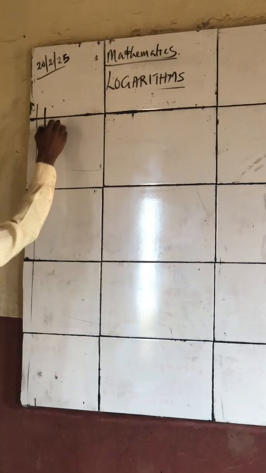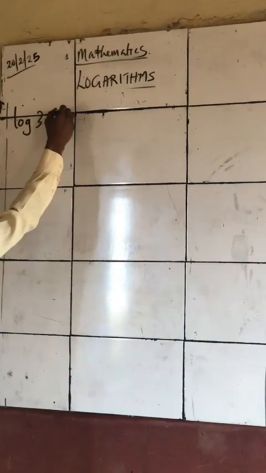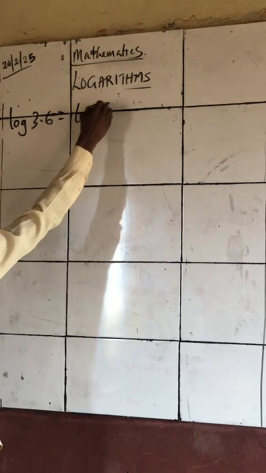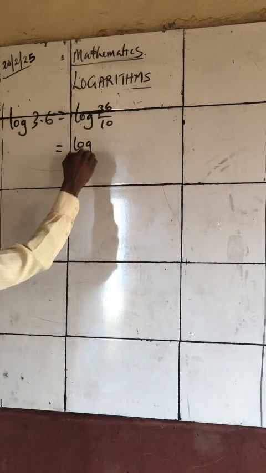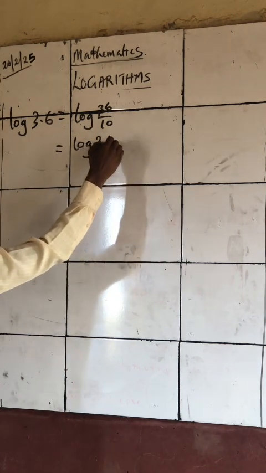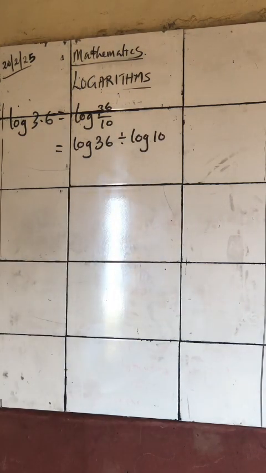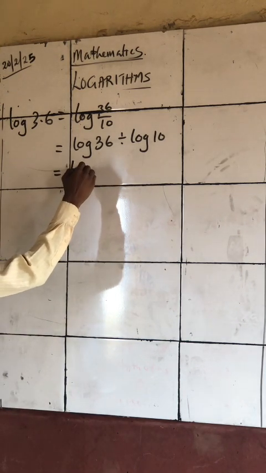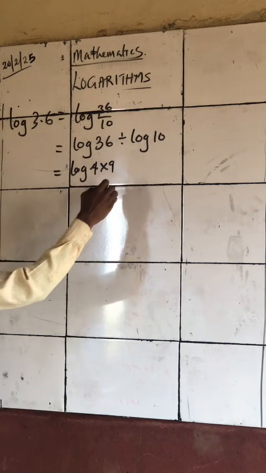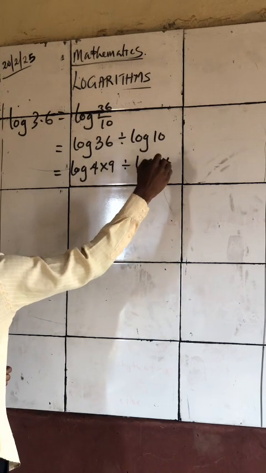When you have log 3.6, we can use this method that says log 36 over 10, and you have log 36 divided by log 10. Now from here, we have log 4 times 9 divided by log 2 times 5.